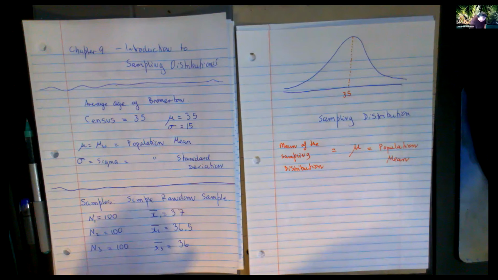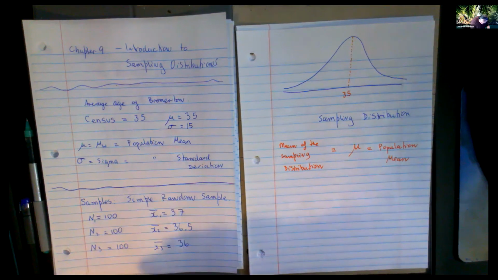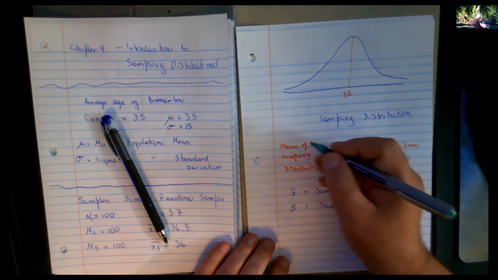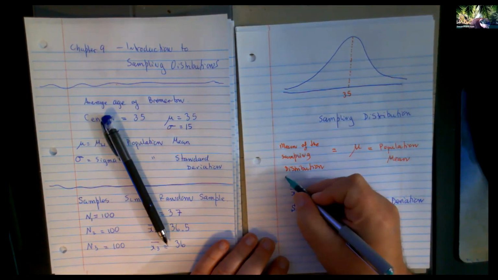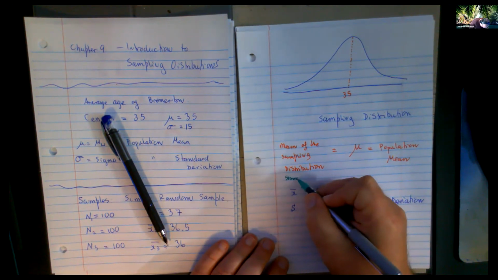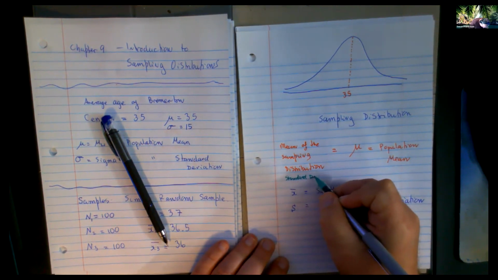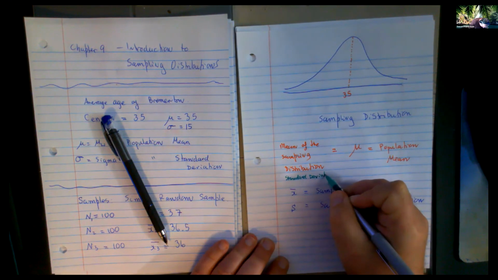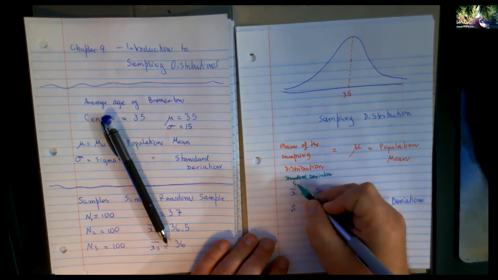Wouldn't it be nice if I could find what the standard deviation of the sampling distribution is? I know what its mean is. Its mean is mu. I'll choose green here. So what's the standard deviation of the sampling distribution?